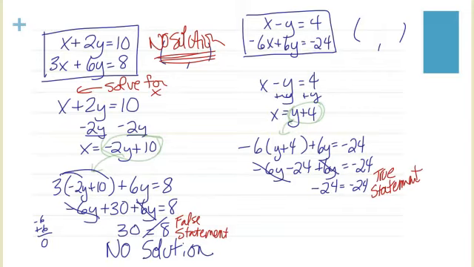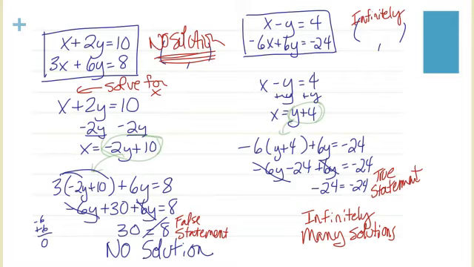Last time I had different numbers on each side. So this time it's infinitely many solutions. And so this is really one equation wearing a costume. It's really one and the same equation.